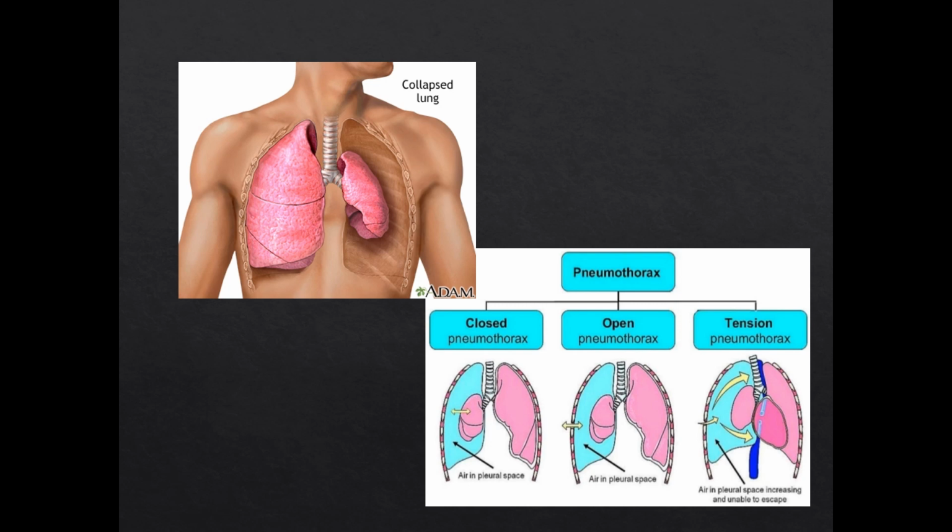Otherwise, it would be an open pneumothorax with the lung collapsing due to a lack of negative pressure holding it open instead of air in the pleural space pushing against it, as you would see in the tension pneumothorax. Of all of these, the tension pneumothorax is the most immediately concerning, as the volume of air in the pleural space can push against the mediastinum and contralateral lung, preventing both appropriate oxygenation and decreasing the return of blood to the heart.